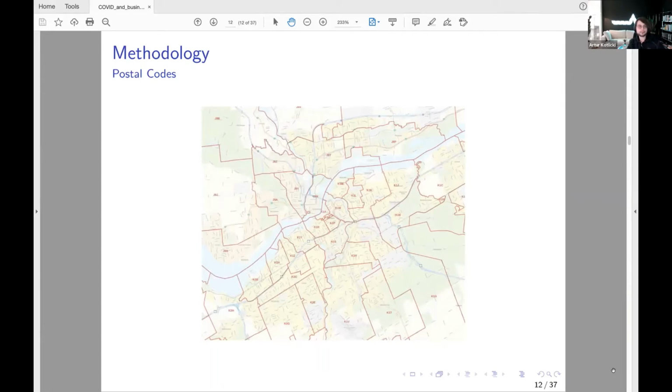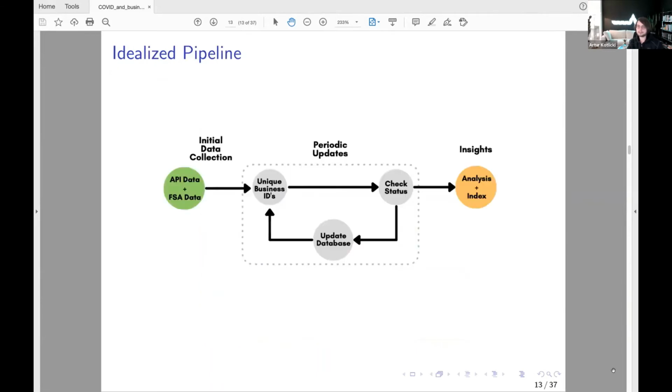Okay, let's go next. So we are using this approach as an initial step for our data analysis pipeline, where we are taking the FSA data, which is the postcode data from the census and additional demographic information, and we are enriching it with the initial search that we are getting from the Google API.